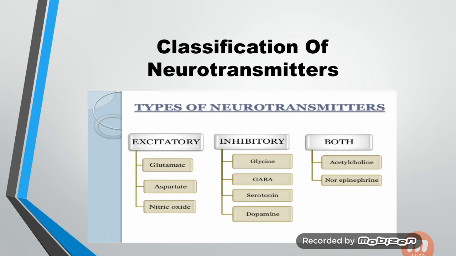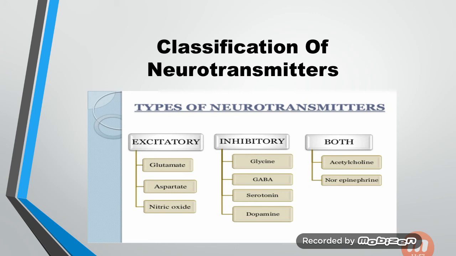Now, if we look into the classes of neurotransmitters, they are classified as excitatory and inhibitory neurotransmitters. Some of them can excite or bring about a change, and some of them will inhibit a change.